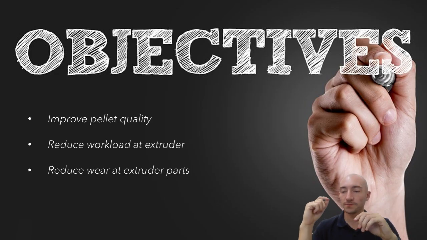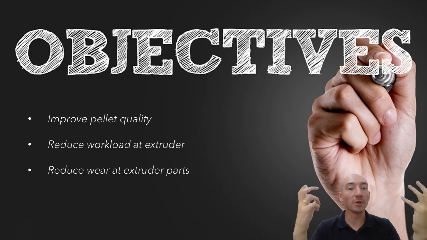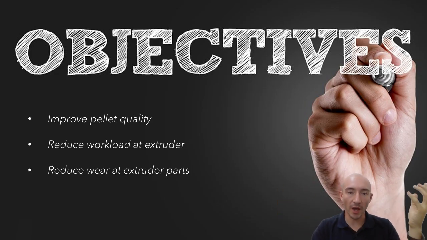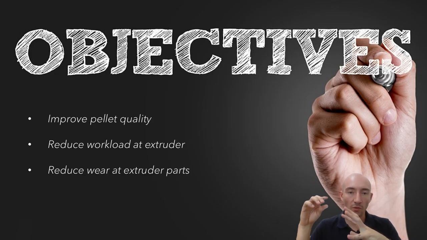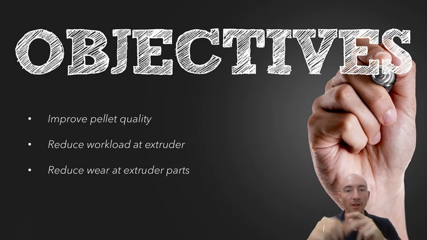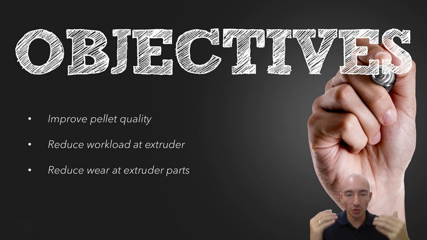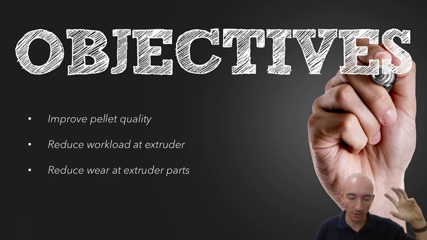If you're not properly conditioning your product before the extruder, what's going to happen is that this material will fall and be processed inside the extruder, and this material will be, like I said, dry and cold, and therefore it will be much harder to push this material forward along the extruder. And if it's much harder to push this material forward, it means that your extruder motor is doing much more work.